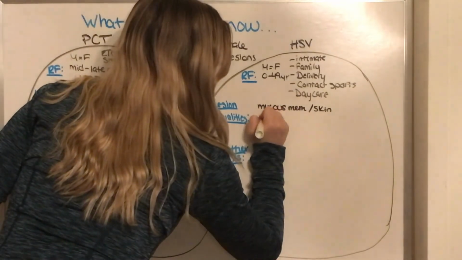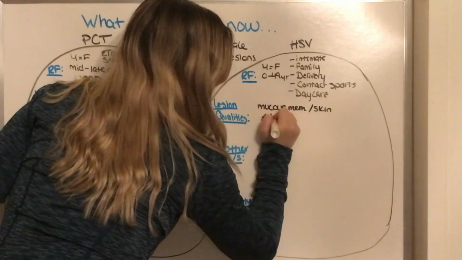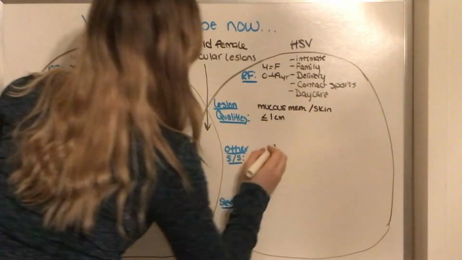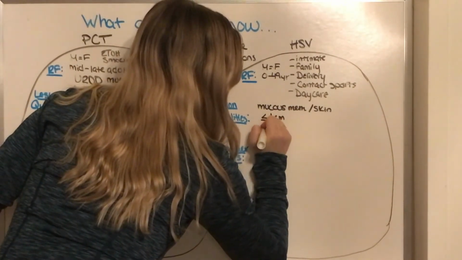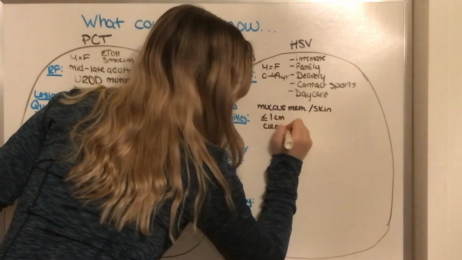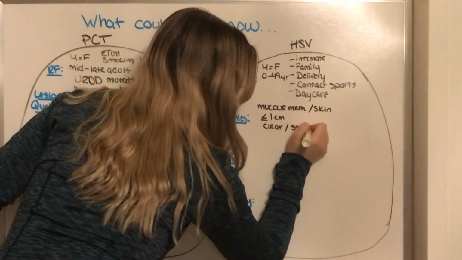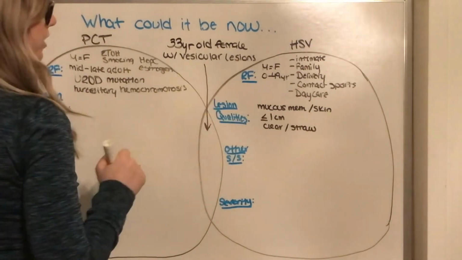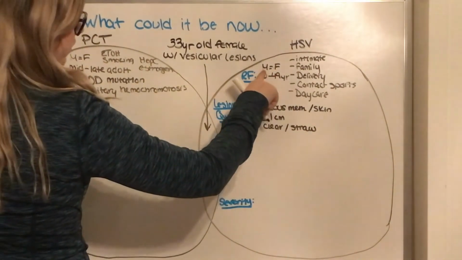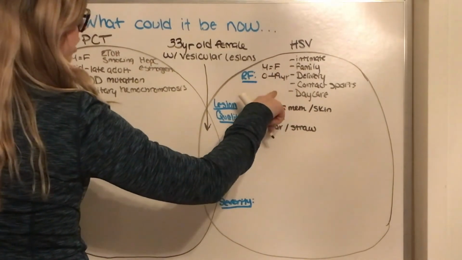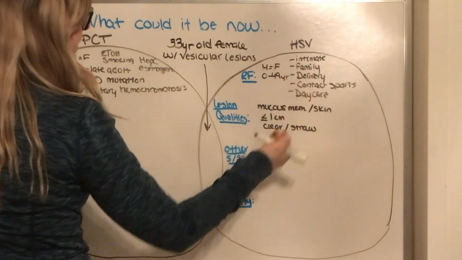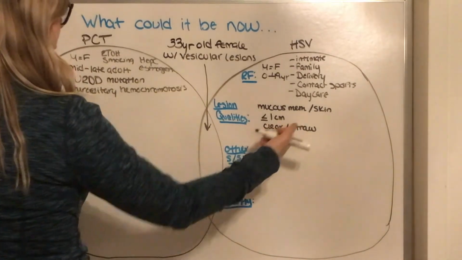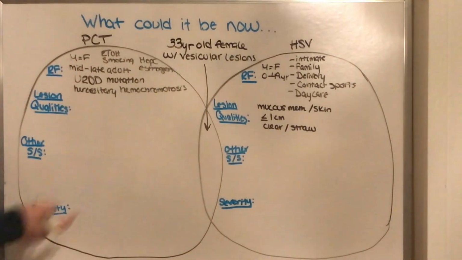This is considered a true vesicle because it's less than or equal to 1 centimeter in size, and the fluid within is usually clear or straw colored. So we can kind of prove that she fits this. She's also fitting some of these risk factors. We don't know this specifically, but for this sake we can say that she has oral lesions, which links back to these qualities.